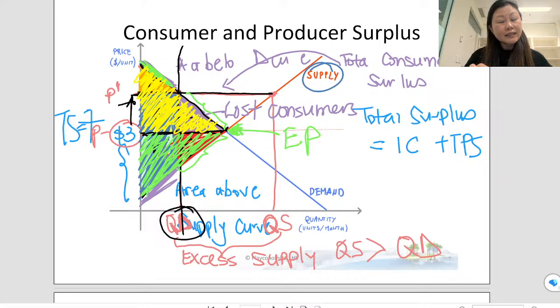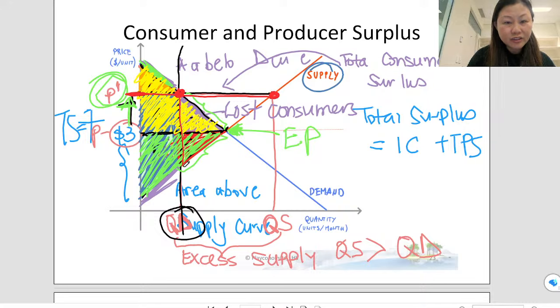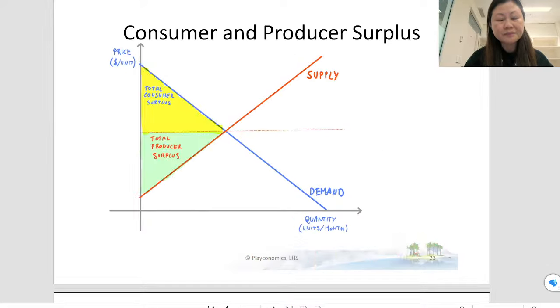Okay, let's go back one step. In this particular example, your equilibrium point is at $3, but when we increase the price to P1, that price increase will show on your demand curve and on your supply curve, and that will give you the quantity demanded and the quantity supplied.